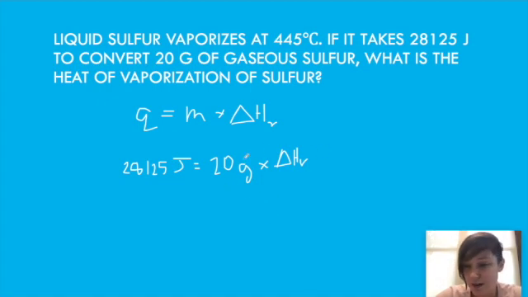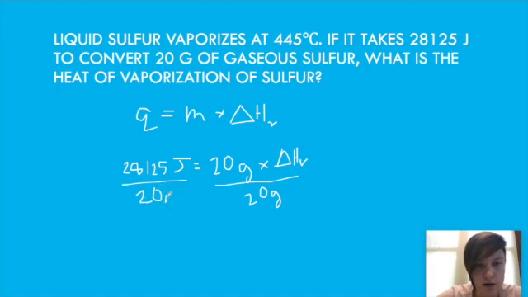We're multiplying, so we have to do the opposite to get delta H by itself. We divide both sides by 20 grams. So delta H of V will be equal to 1,406 joules per gram.